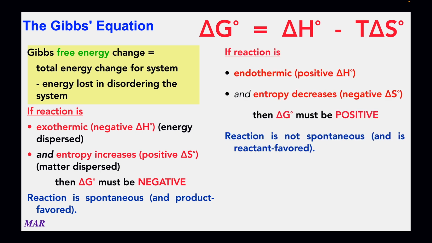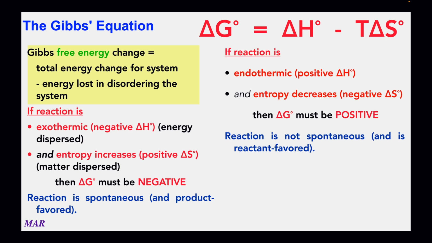On the other hand, you can have endothermic reactions with positive delta H's. You can have negative delta S's, entropy decreasing, and those delta G's will be positive all the time. And positive delta G means you're not going to have a reaction which is going to occur as readily. So positive delta G means the reaction's not spontaneous. That's going to be more reactant favored.